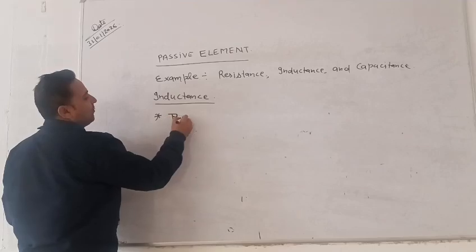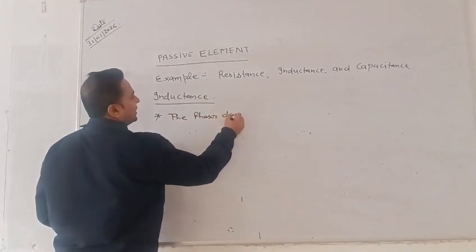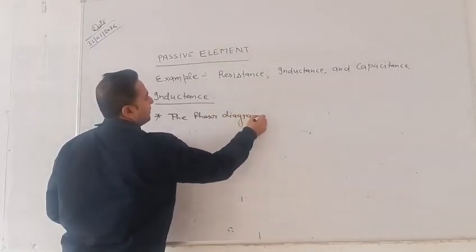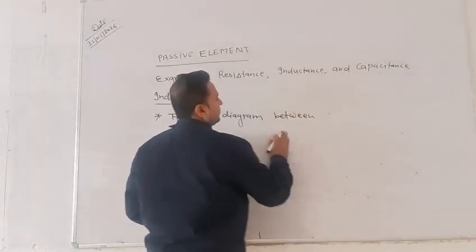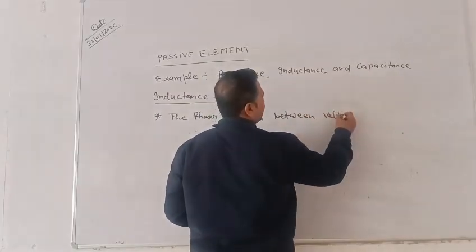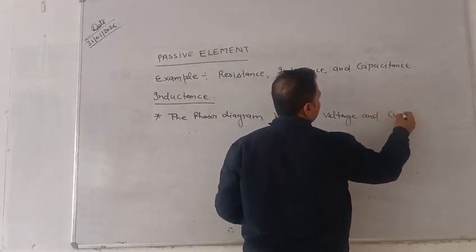And the next important property of inductance is the phasor diagram between voltage and current.